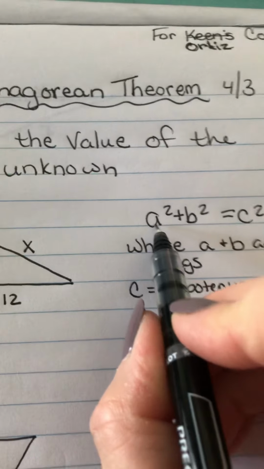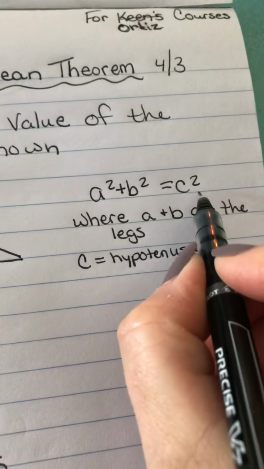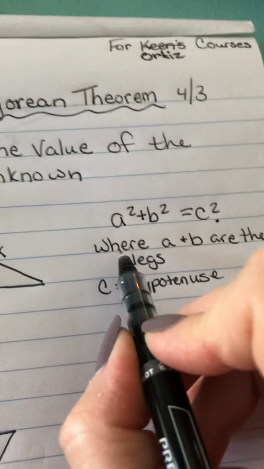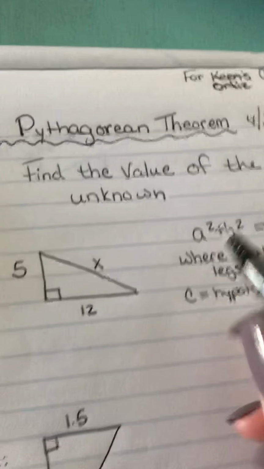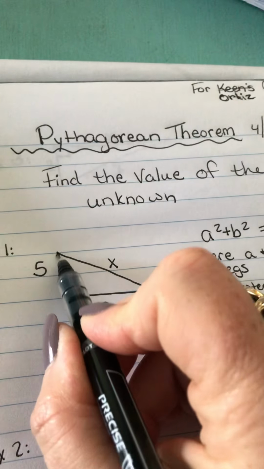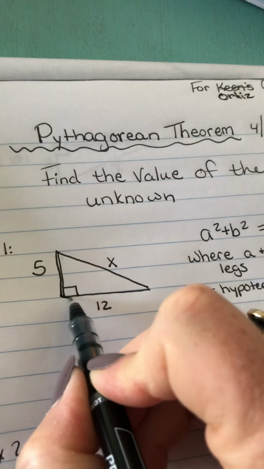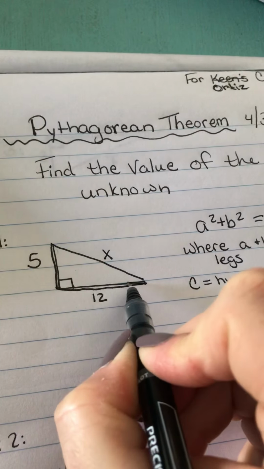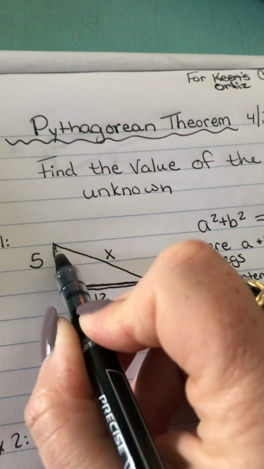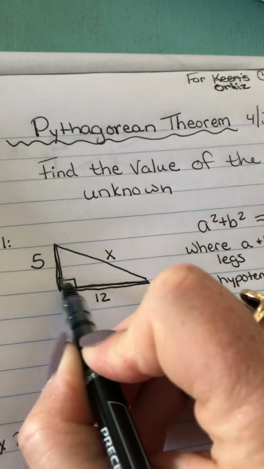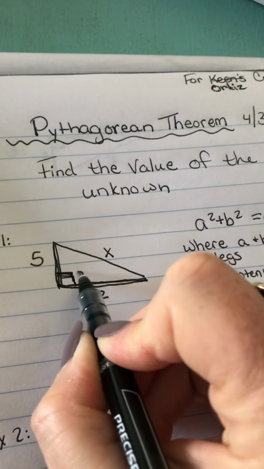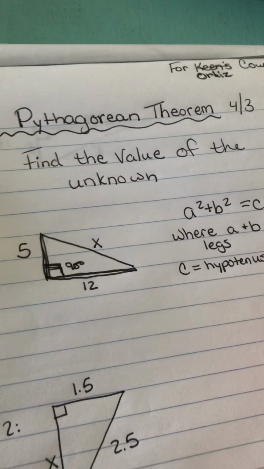For Pythagorean Theorem, you need to recall that it's a squared plus b squared equals c squared. You need to remember that a and b are the legs, okay? So this is considered a leg, and this is considered the other leg. Remember, they're the two sides of the triangle that, when connected, form the 90 degrees, and that's always represented by a box, right?